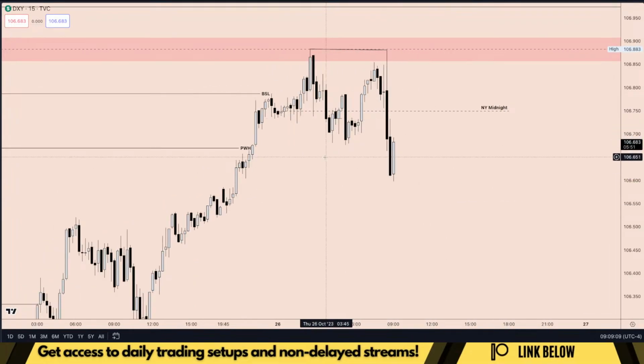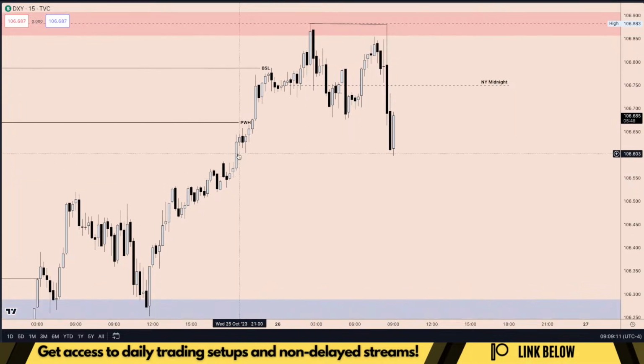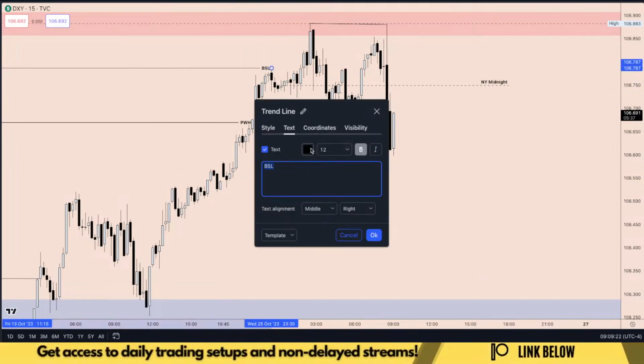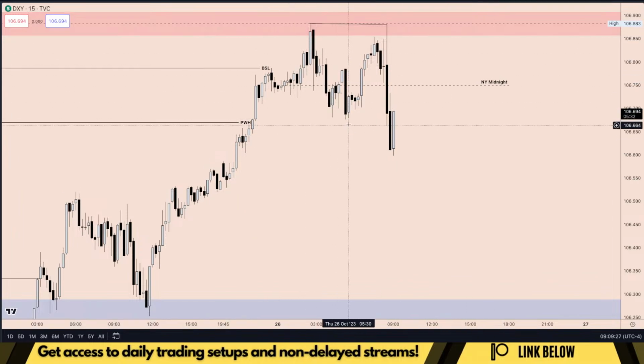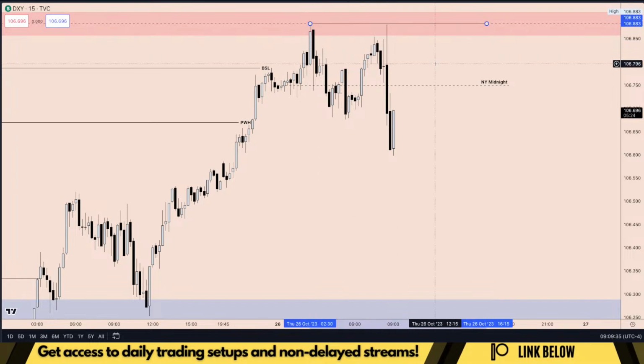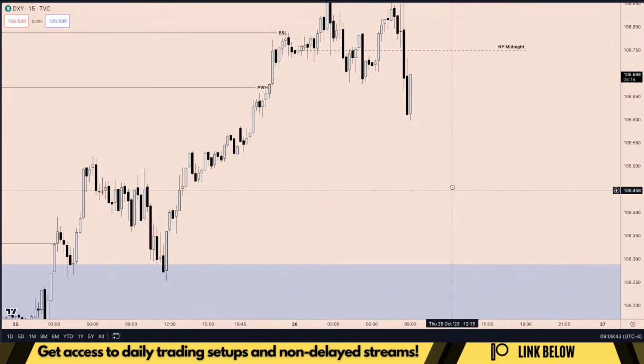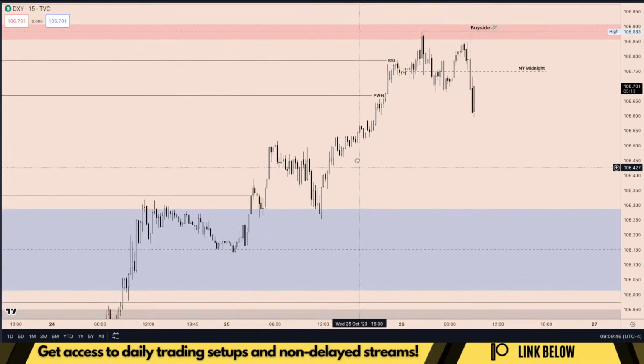And really, low of the day would be right here of the daily candle. High. Failed to make that higher high, but now we really have relative equal highs, perfectly paired with the 50% of this daily bearish fair value gap. It's also something we could look out for. So up here we definitely have buy side liquidity. Yesterday's range.